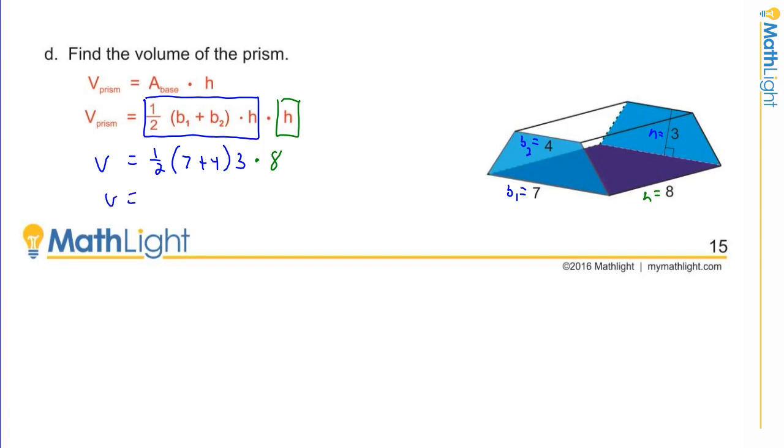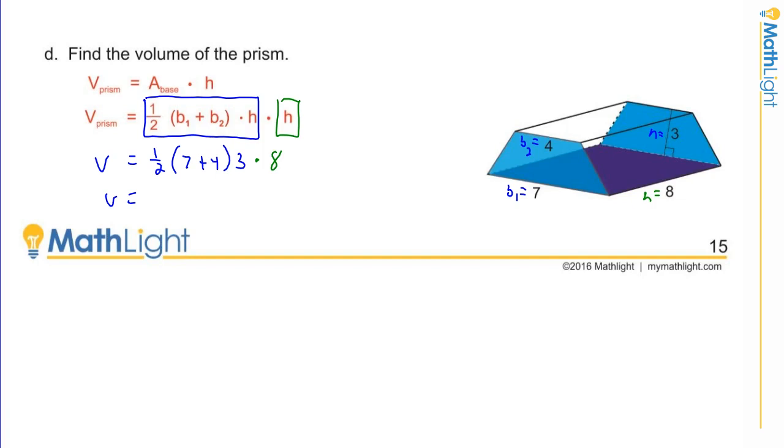So 7 plus 4 is 11 times 3. And if you want to do a half times 8, that is 4. And therefore we end up with 11 times 3 times 4. Just punch it out in your calculator.